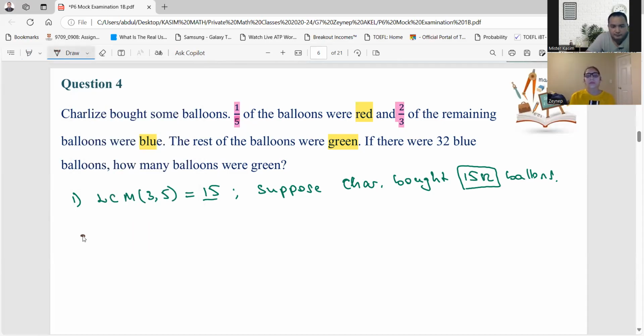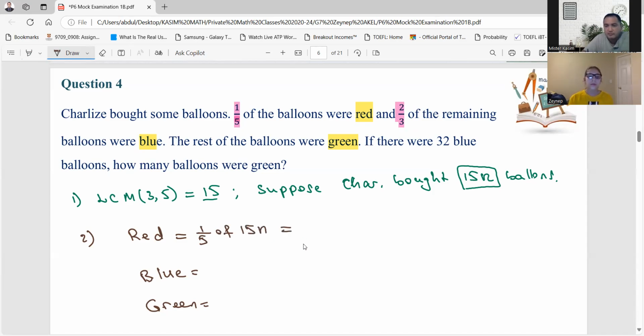All right, number 2. So here we have red, and next one is blue, and the green. How many red balloons did she buy? 1/5 of all the balloons, right? How many balloons did she buy? 15N, right?